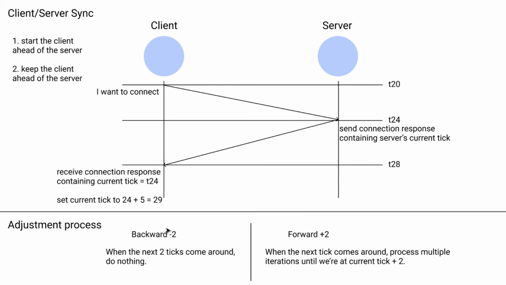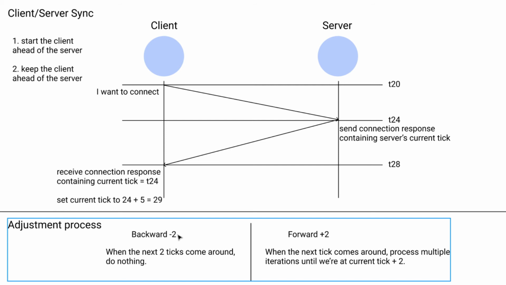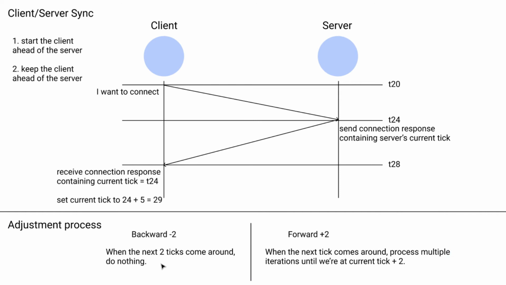So to go backwards 2 ticks, to make our current simulation tick on the client 2 less than it currently is, we're going to spend 2 ticks doing nothing. If you get a message from the server saying adjust -2, then the next 2 ticks that come around, you do nothing, meaning you don't even advance your simulation tick. So if the client is on tick 24 and the server says adjust -2, it's going to process no further than tick 24 for 2 ticks.